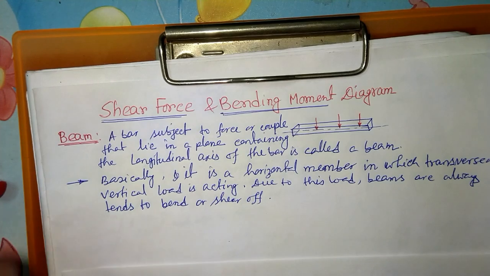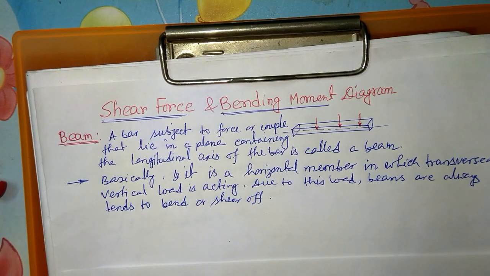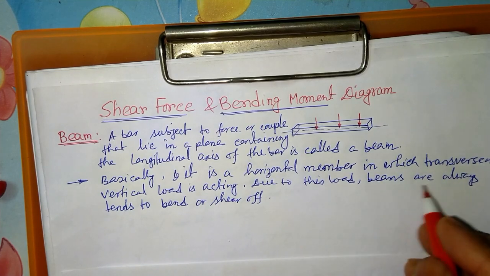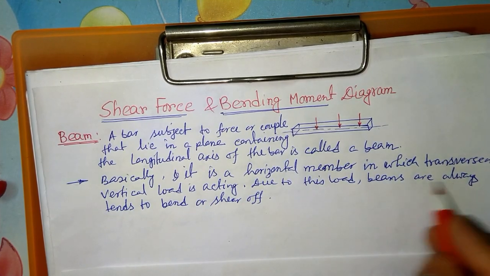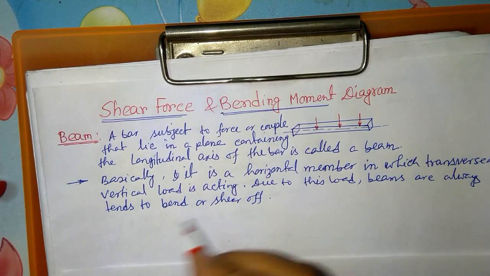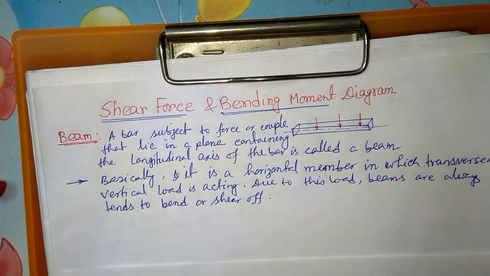Okay, so a beam is basically a horizontal member in which a transverse or vertical load is acting. Due to this load, beams always tend to bend or shear off. Okay, so we have seen this already.